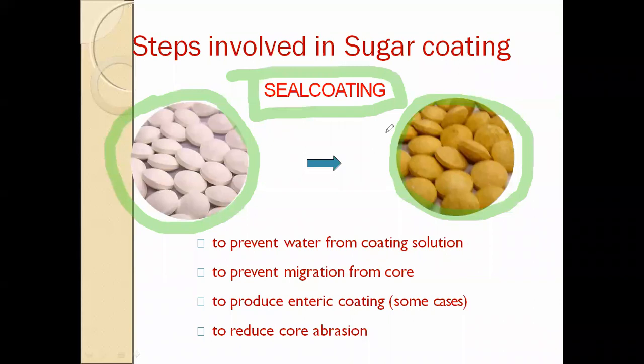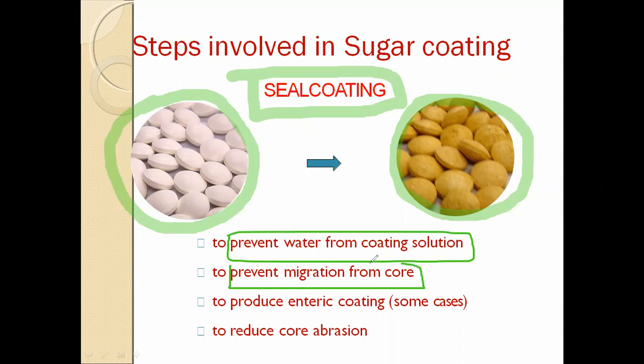Now why do we apply seal coating? Whenever we do anything, there is a reason for that. The seal coating is applied to prevent water coming out from the coating solution. Secondly, to prevent the migration from the core. There can be chances that migration of the material can take place from the core to the coating which you are going to apply.